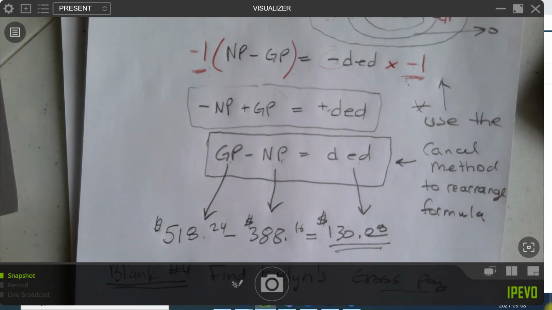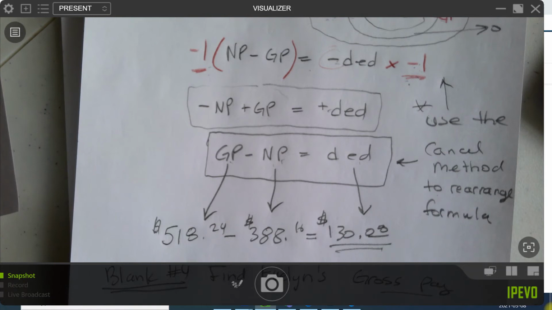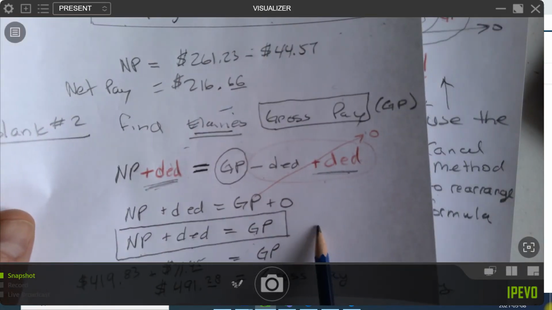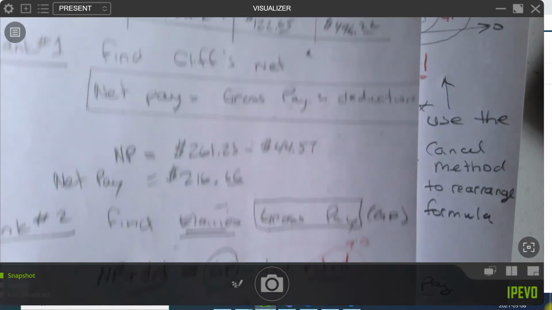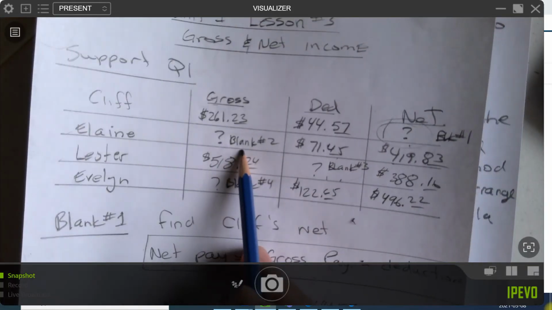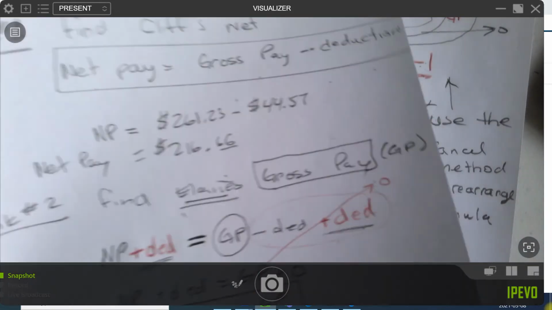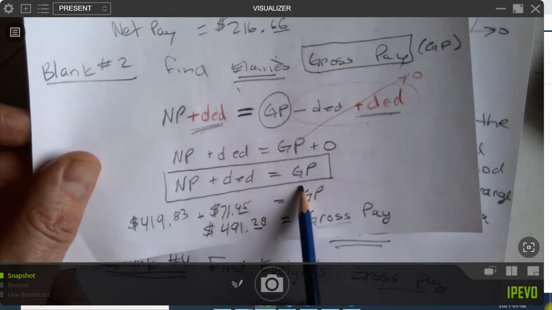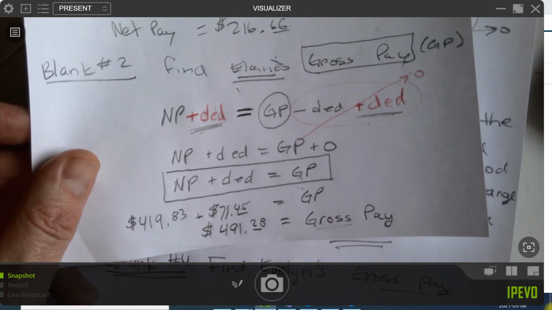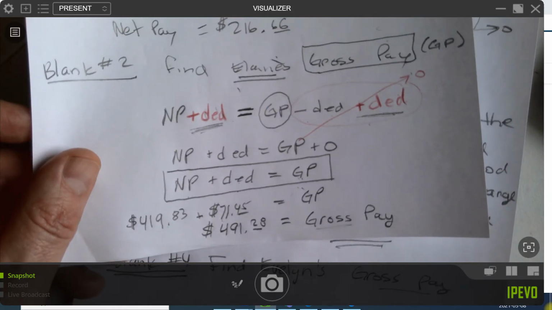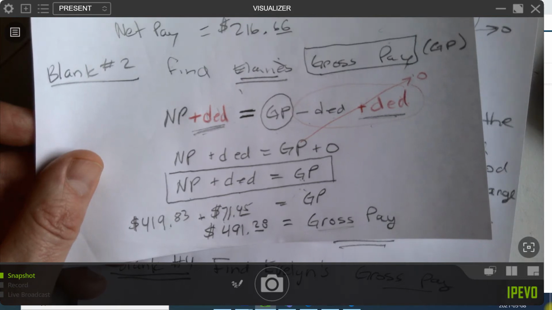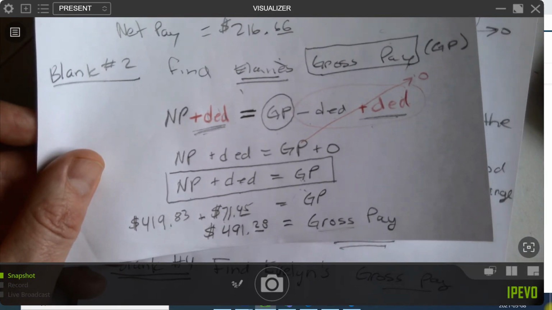We did find gross pay when we did Elaine's, so in blank number 2. So we've already figured out what gross pay is in blank number 2 from doing Elaine's.